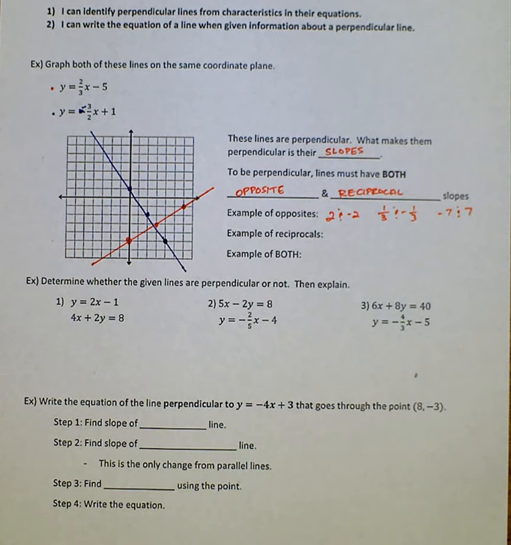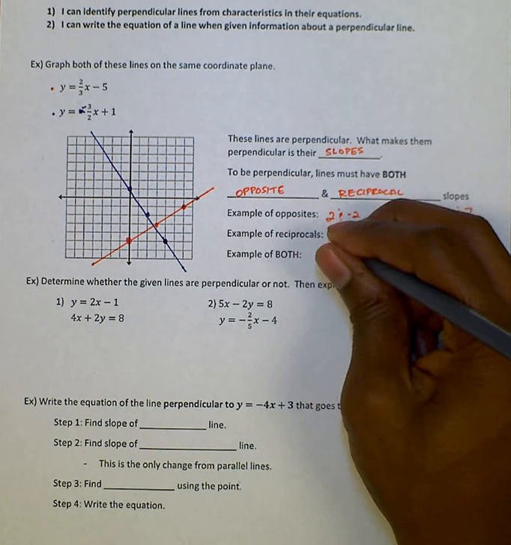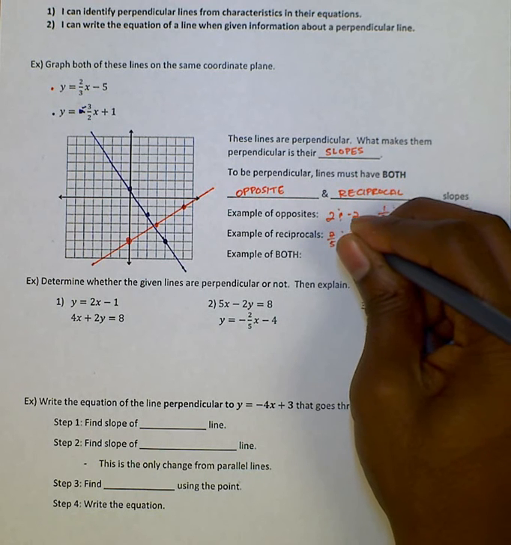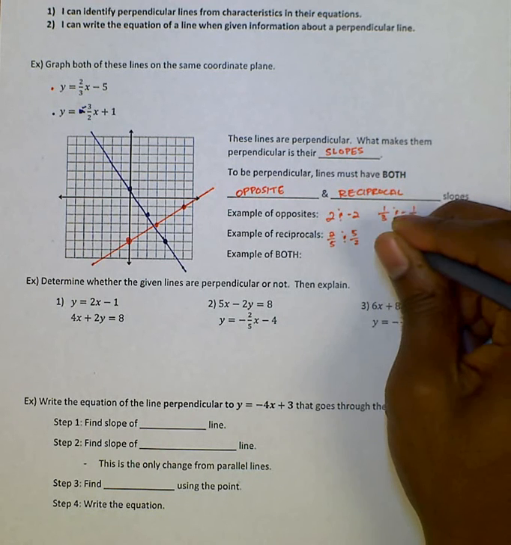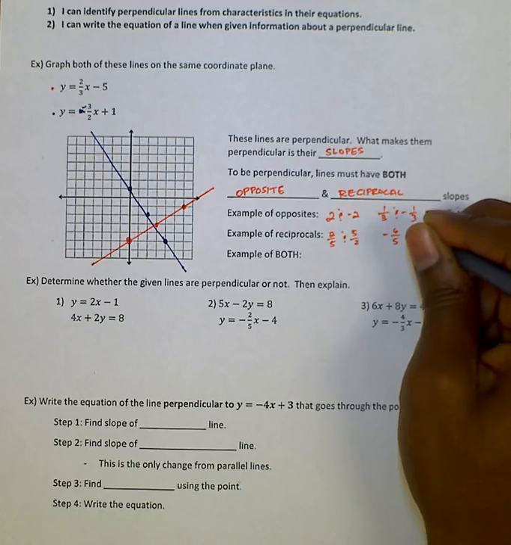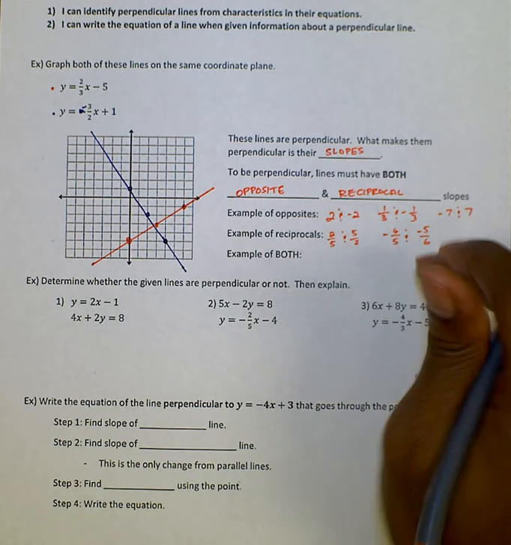Reciprocals would be like 2/5 and 5/2, -6/5 and -5/6. So reciprocals flip the numerator and the denominator.